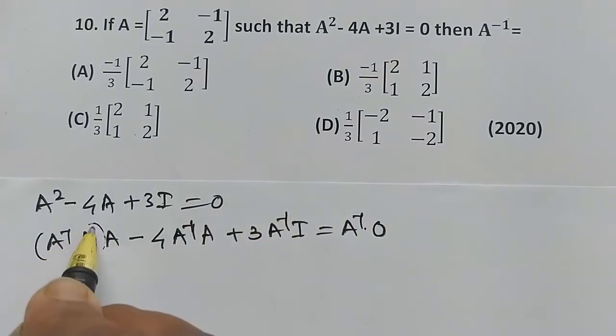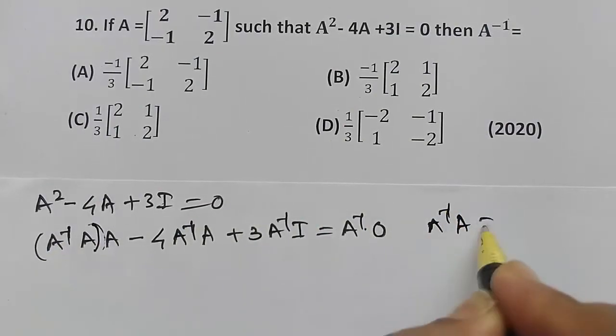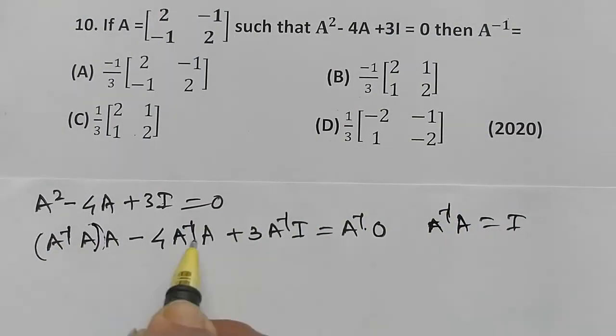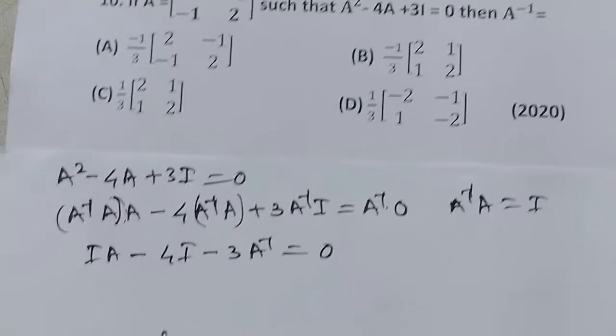A inverse into I is A inverse. A inverse into A is equal to identity matrix. So here both are identity matrix. Here it is I into A minus 4I plus 3A inverse is equal to 0.